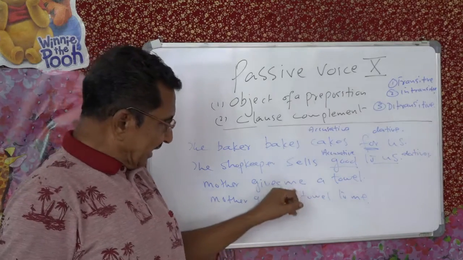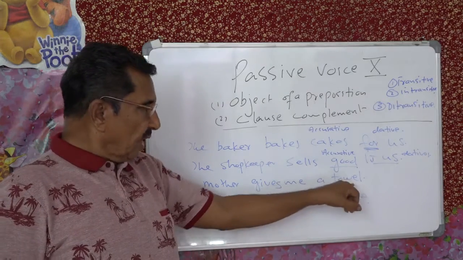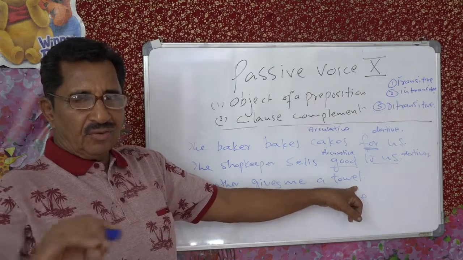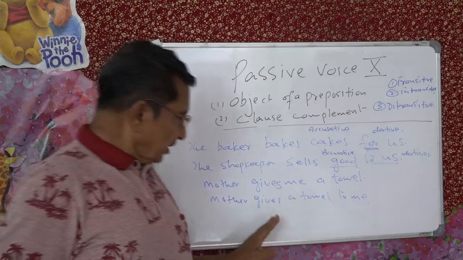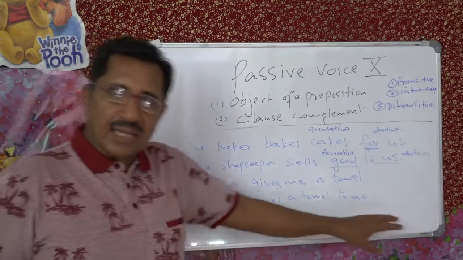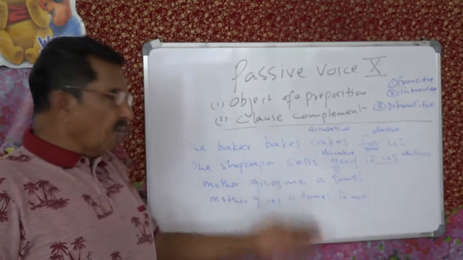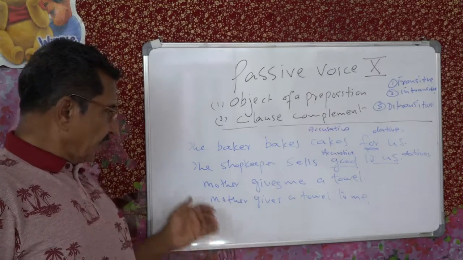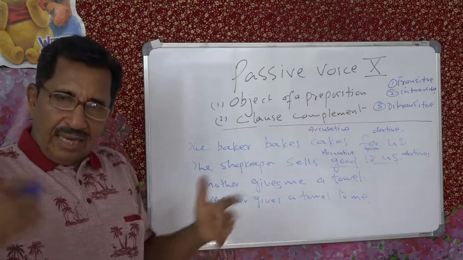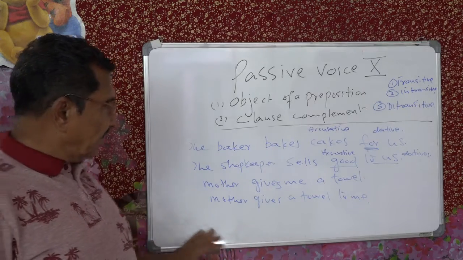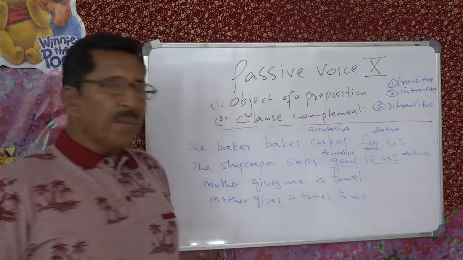Actually this is dative, but dative comes before accusative. Here it should be first the accusative and then the dative. But sometimes without a preposition you can see this. But when you expand the sentence, you will find mother gives a towel to me.